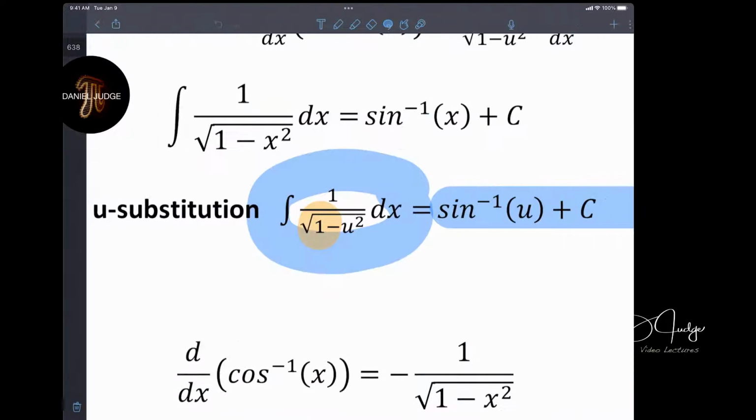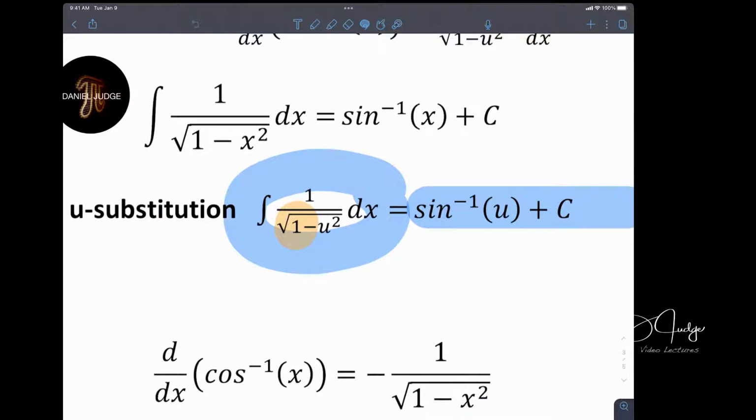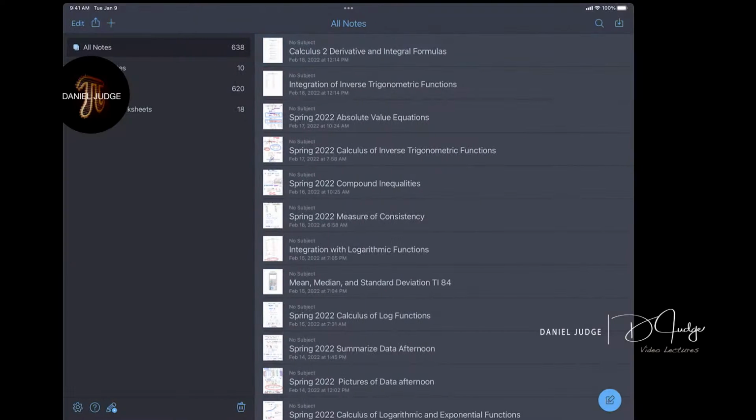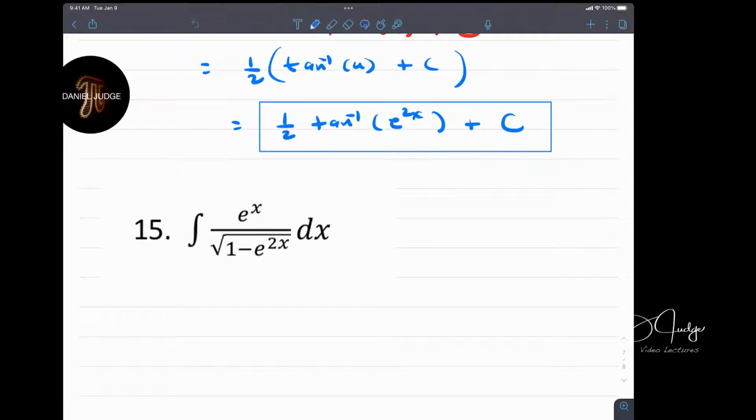Square root of 1. Look at your formulas. Ah, we're looking right at it. Okay. Inverse sine. So here's what I'm saying here. Notice what we have here. That's e to the x squared.